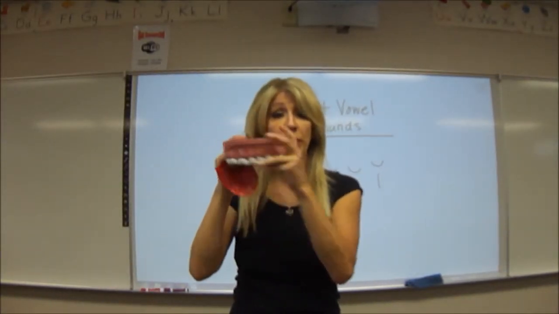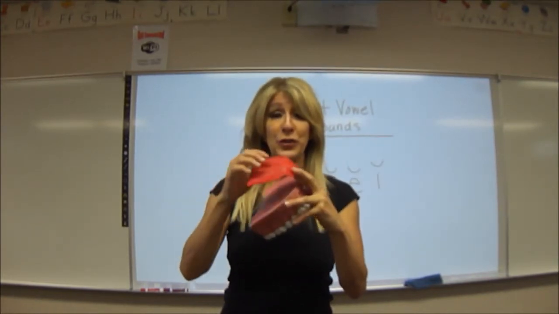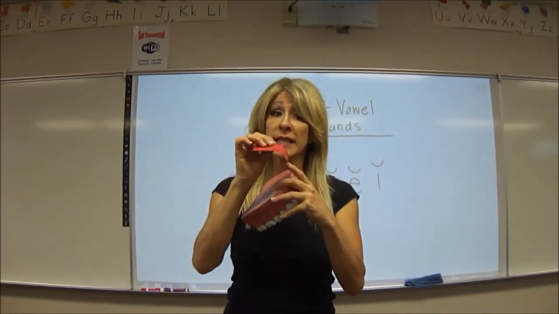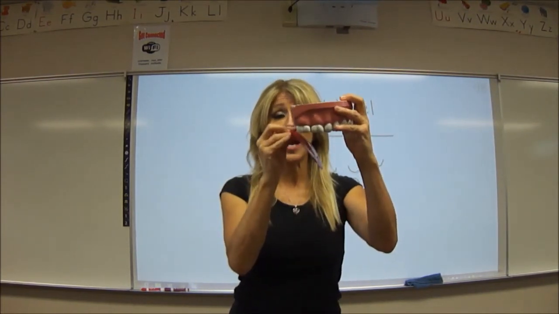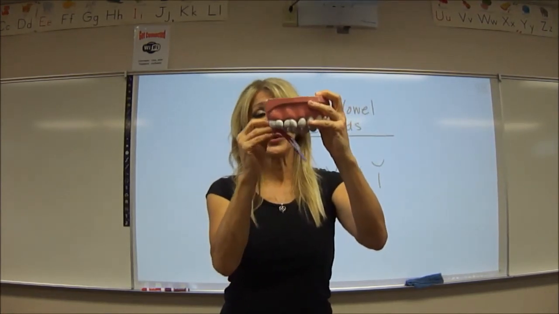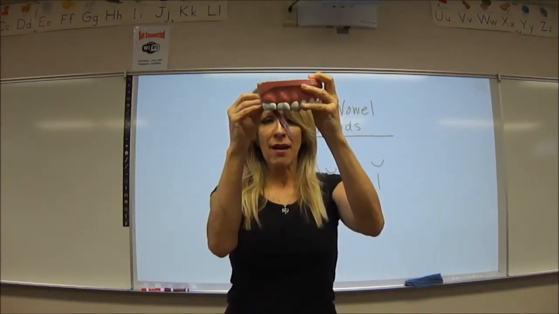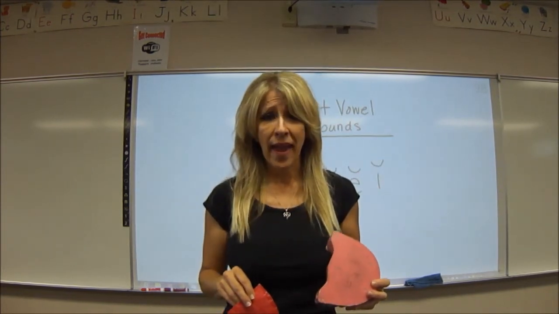Here's the upper jaw. So for short A, the tip of the tongue, of course, is down, home, and the back of the tongue raises way up here in the back, maybe touching the back tooth, and then you produce that awful, ugly sound.